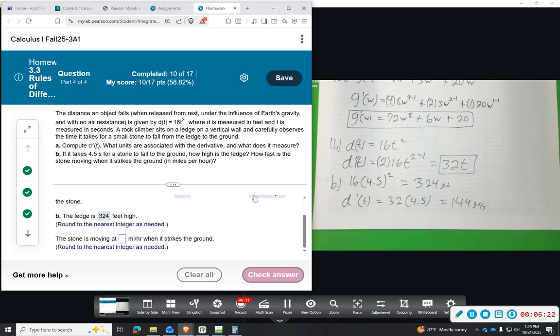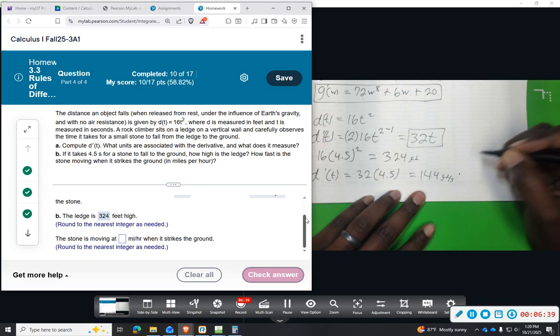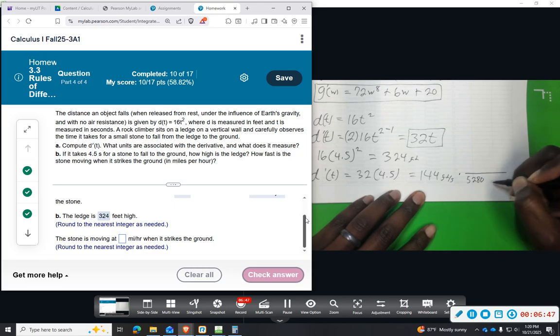They actually want to know how fast this was moving in miles per hour. So right now our units are feet per second and they are asking miles per hour, so we have to do a conversion. So there are 5,280 feet in 1 mile.